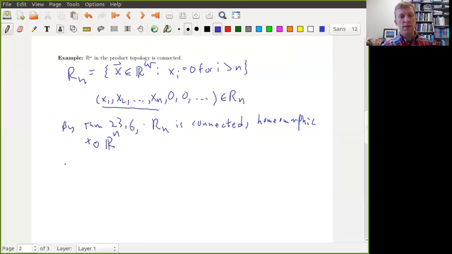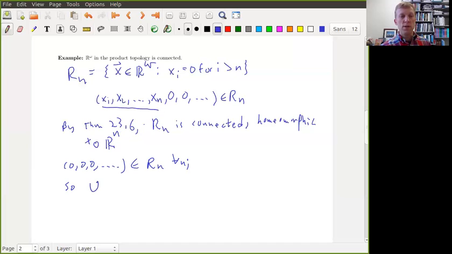Also, note that the sequence of all zeros is in Rn for every n. So we have a bunch of connected sets that contain the same element.